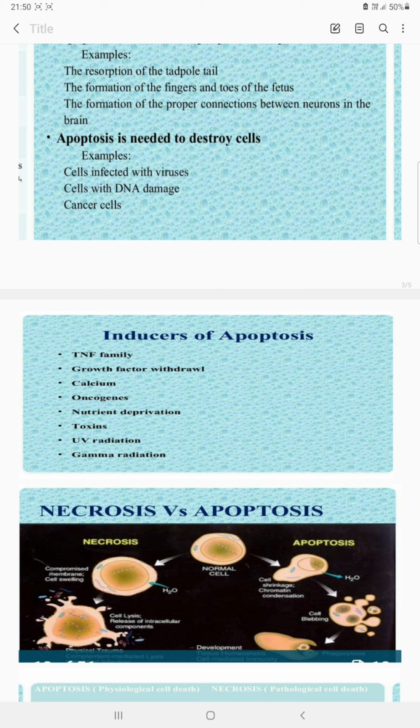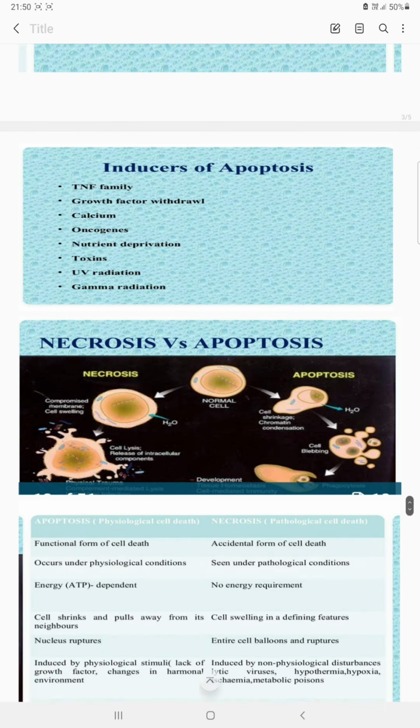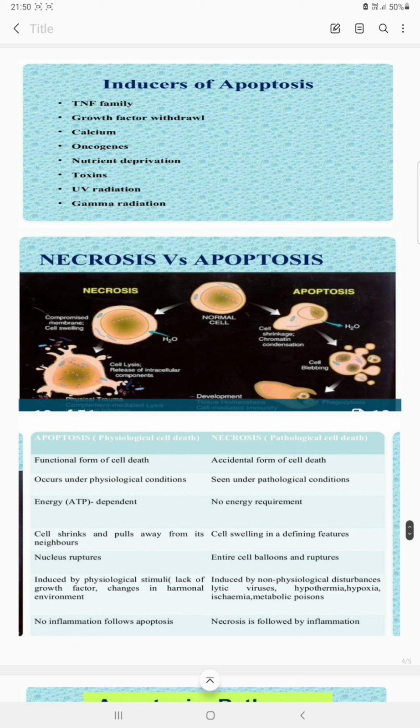So basically the cells that need apoptosis are those infected by a virus, those that already have damaged DNA, and the cancerous cells. Inducers of apoptosis are the things that stimulate apoptosis.